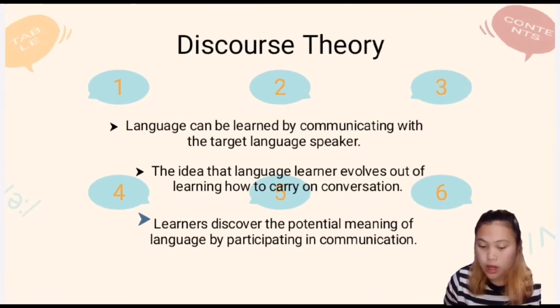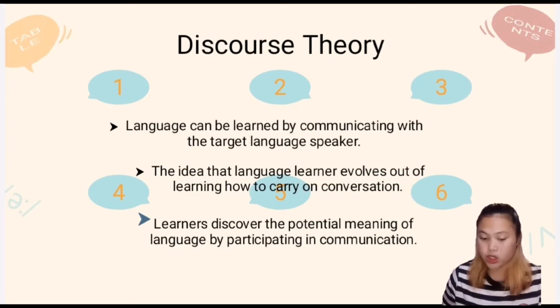Discourse theory is that language can be learned by communicating with a target language speaker. The idea is that language learning evolves out of learning how to carry on conversation, and learners discover the potential meaning of language by participating in communication.